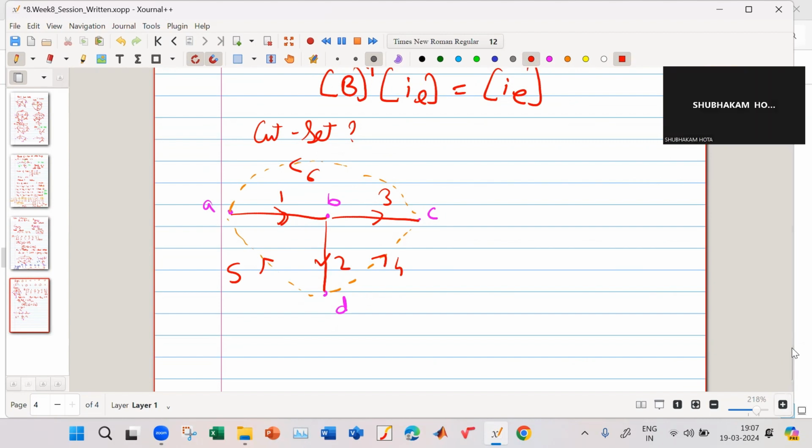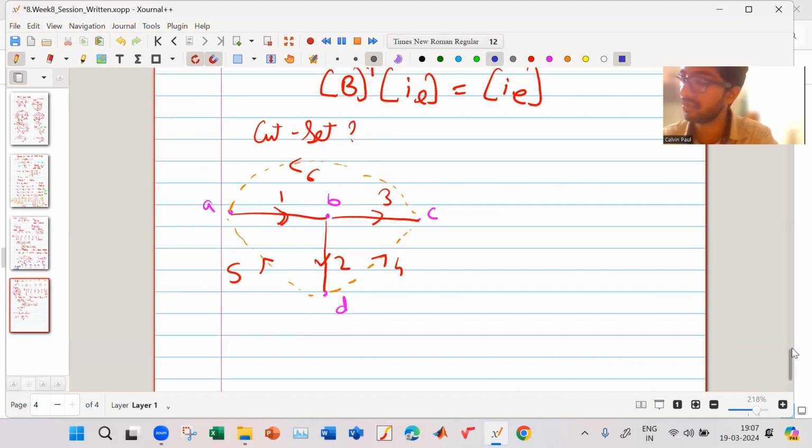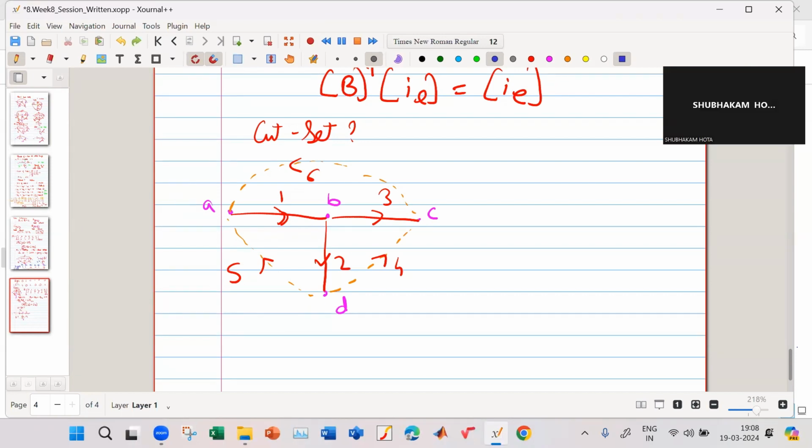Sir, in this way we cut, and one twig must be present. Okay, give me an example. Which one should I cut? In this way I cut the branches 1, 5 and 6. This is cut set 1.